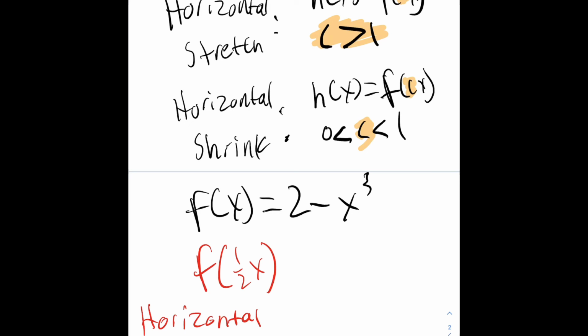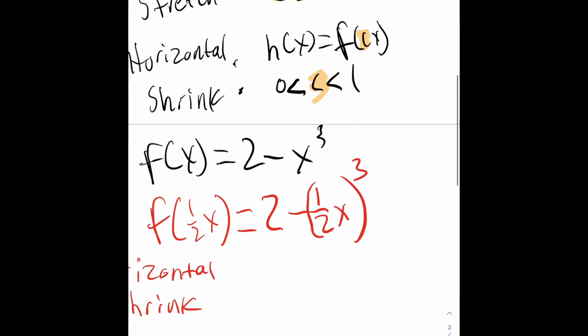I have to do that to the entire problem. I can do it algebraically as well as on my calculator. Every time I see an x, I'm going to multiply it by 1/2, and it's still to the third power. A quick refresher: 1/2 times 1/2 times 1/2 gives me 2 subtract 1/8 x to the third.